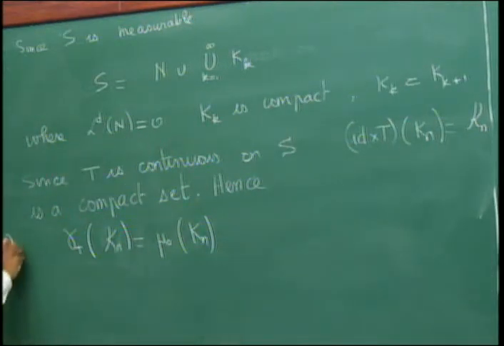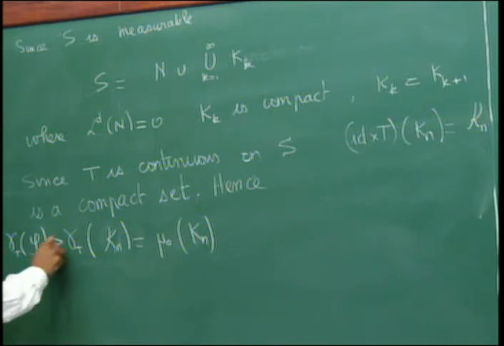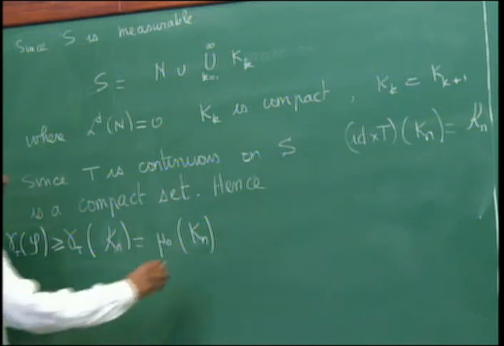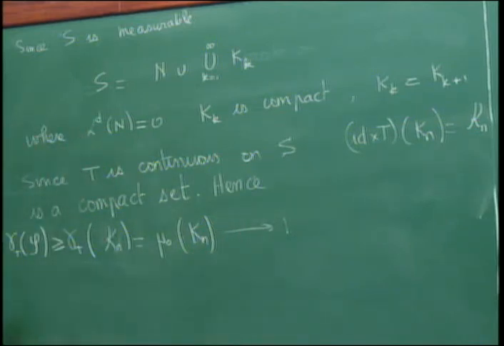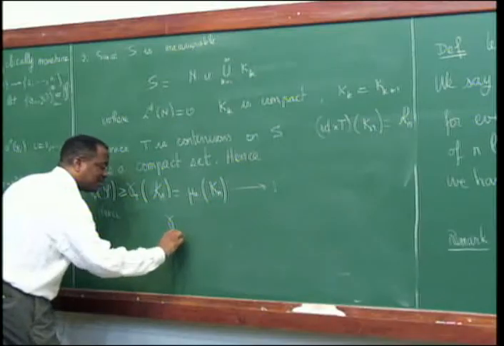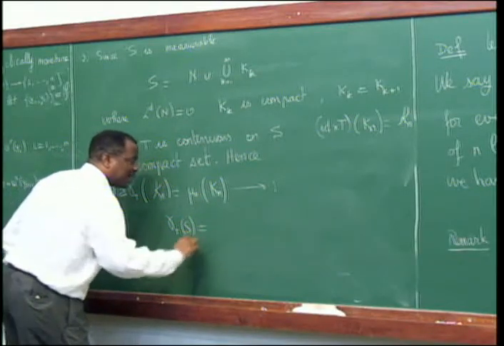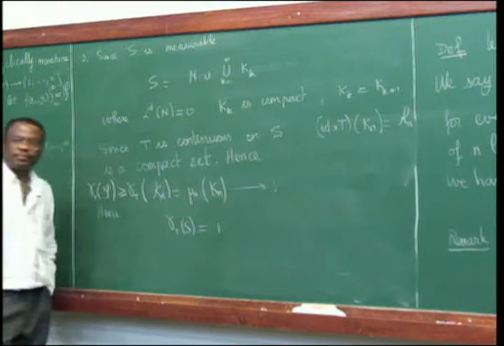K_n is a subset of S. Therefore, I have this inequality. This goes to 1. Hence, gamma_T of S must be 1.